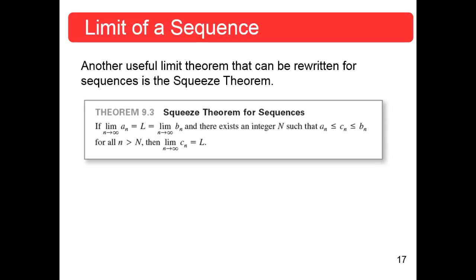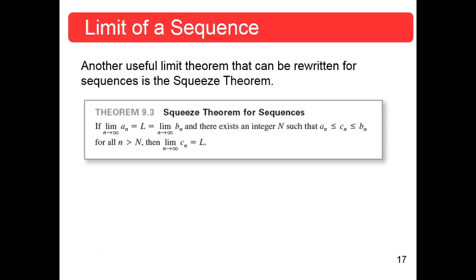And there exists some integer capital N, not anything to do with little n, such that a sub n is less than c sub n, which is less than b sub n, for all n greater than this capital N, then the limit of c sub n also has to be L.